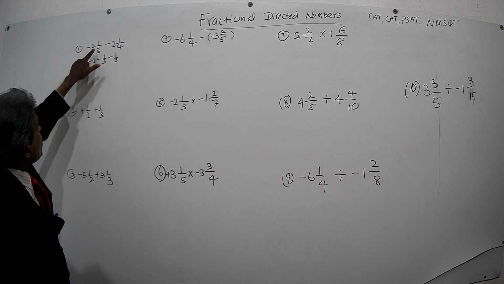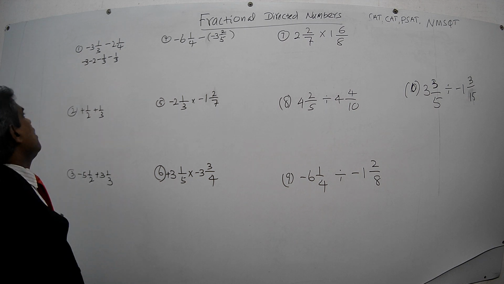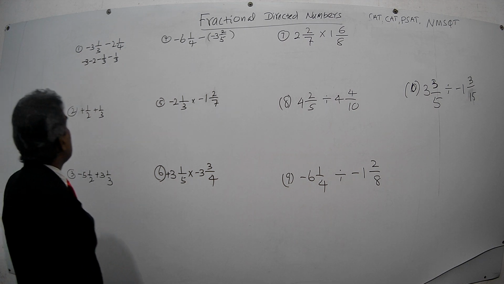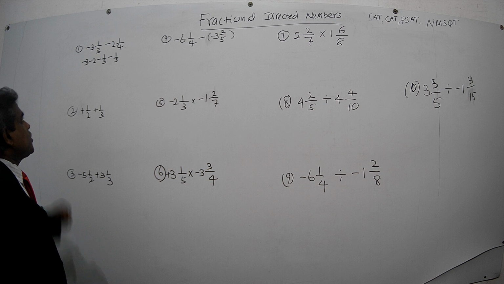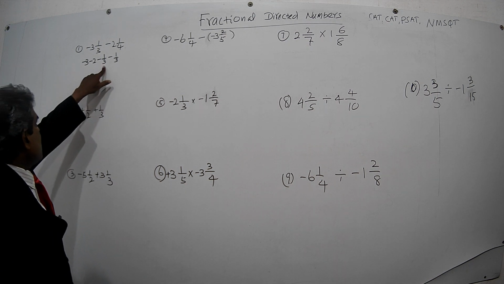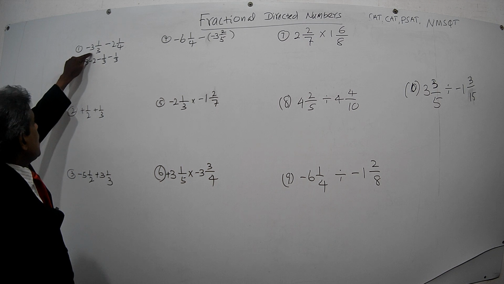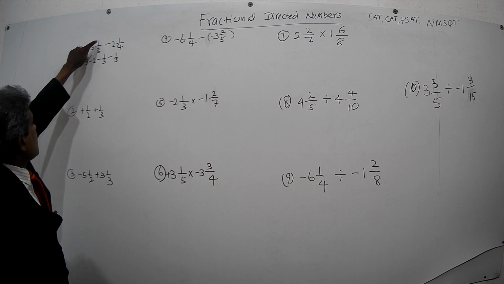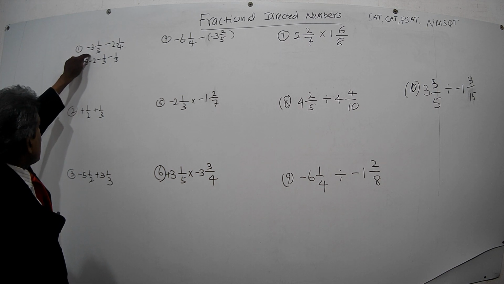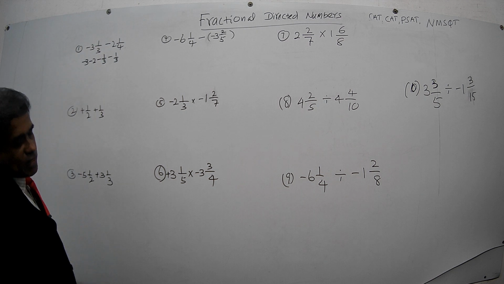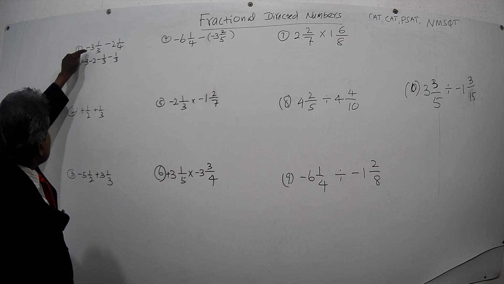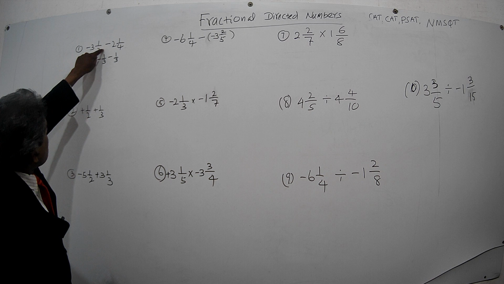Then how could this 1/3 become minus 1/3? This minus sign is the sign for the whole of 3 1/3. Therefore this 3 and 1/3 both are negative.